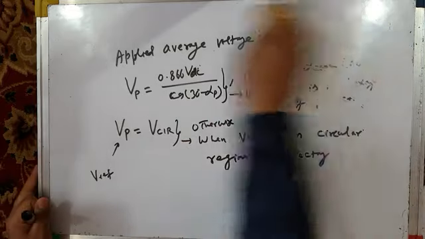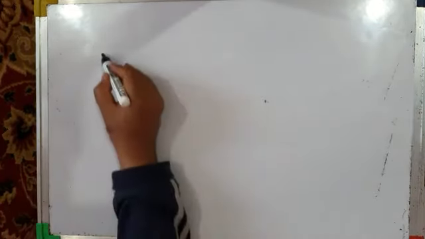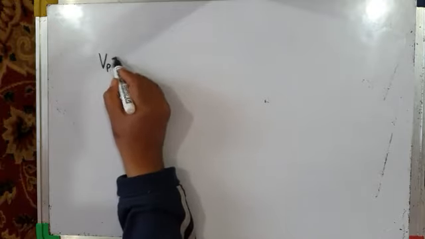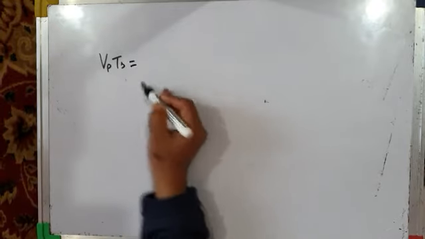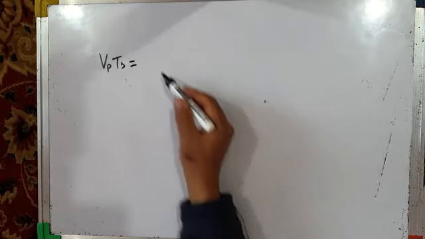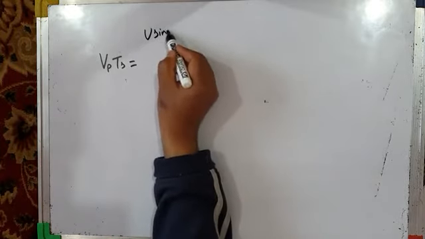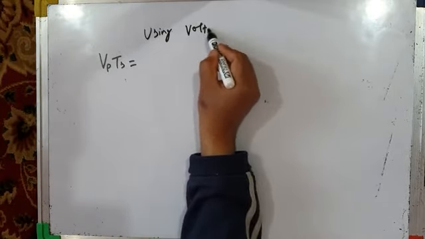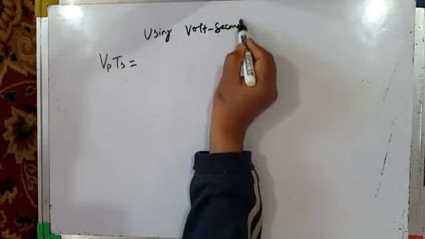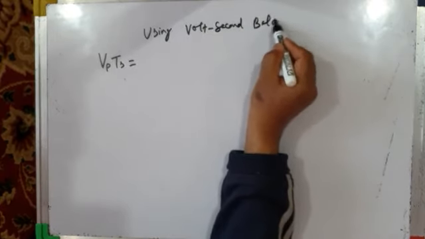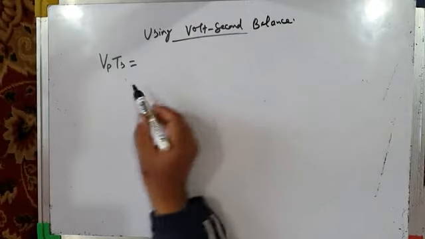Okay, so how to find the dwell times? Dwell times are found using volt-second balance. We can calculate dwell times like this.